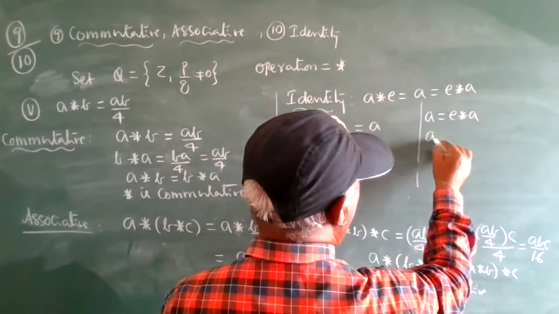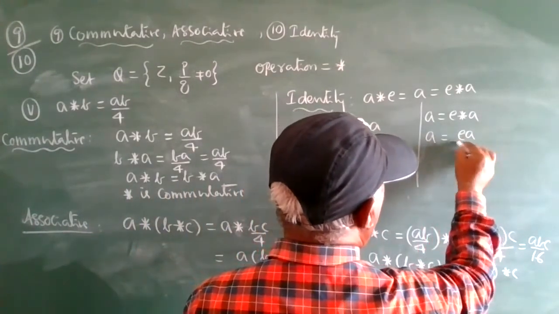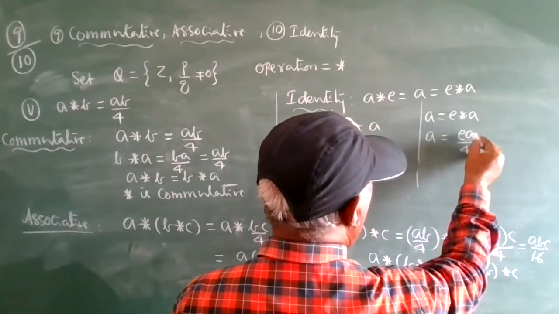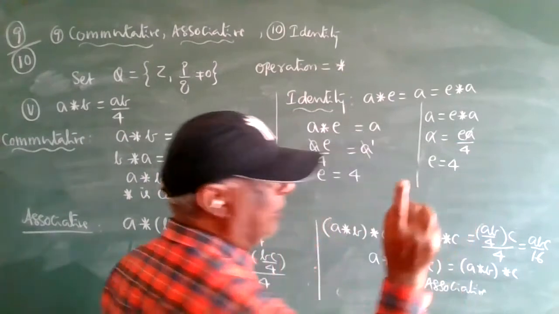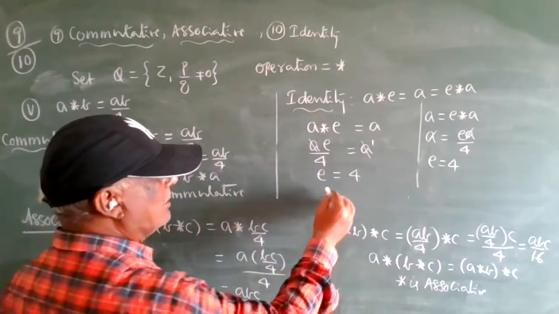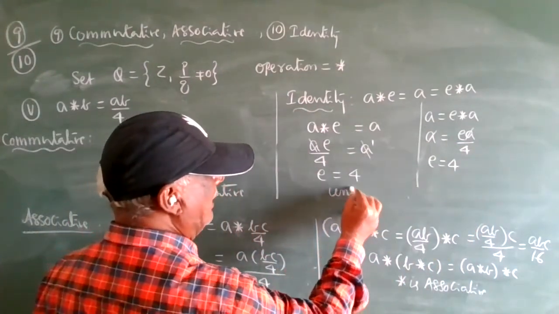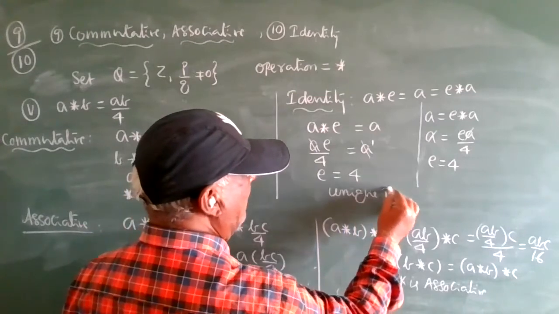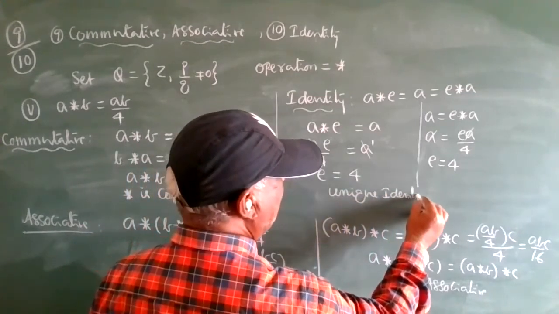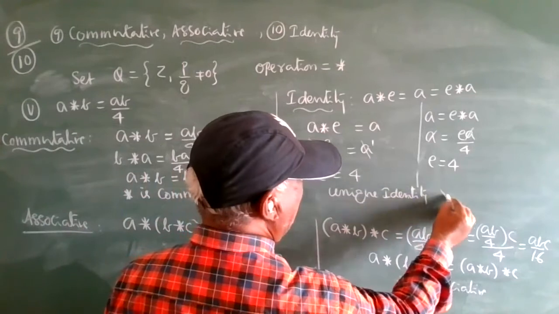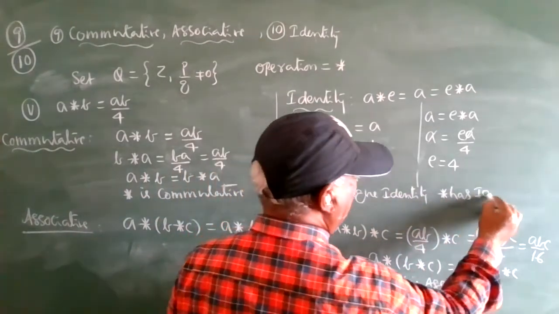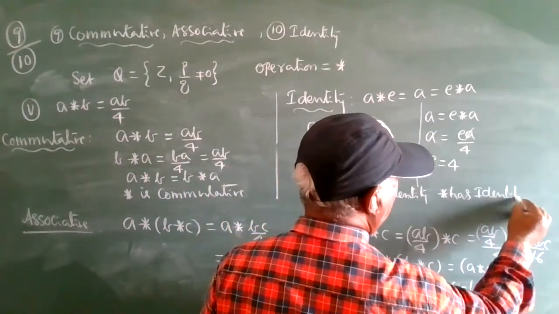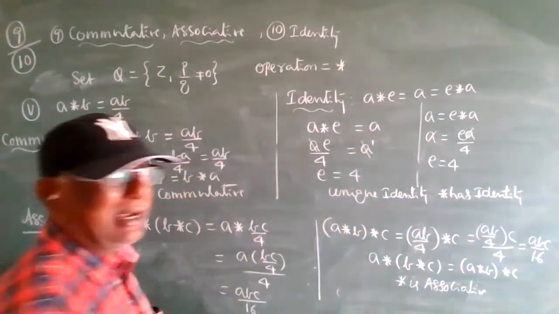Here A is equal to AE by 4, so A cancel. E is equal to 4. Unique identity. Star has identity.